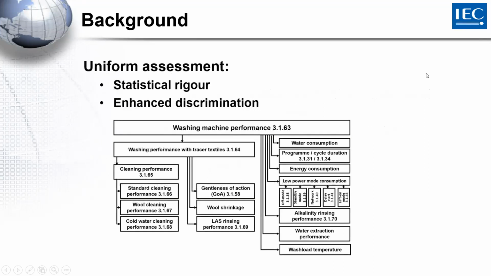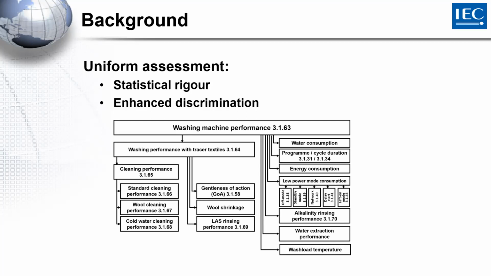Uniform assessment. We wanted to look for statistical rigor and enhanced discrimination. And this is an extract from the standard itself, looking at washing machine performance, go down through tracer textiles, cleaning performance, and that goes to standard cleaning performance, wool cleaning performance, cold water cleaning performance.